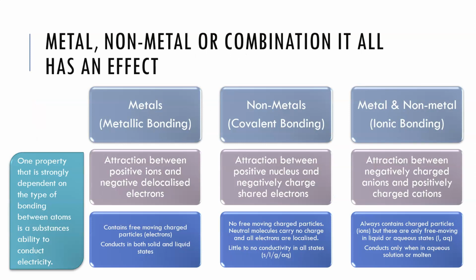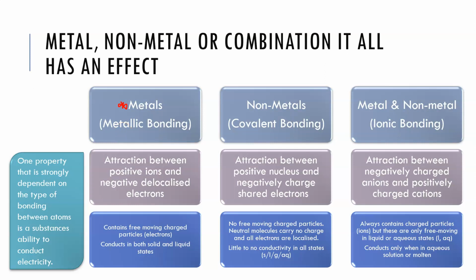So we'll see this grid a few times, but essentially whether or not something is a metal, non-metal, or combination has an effect on the type of bonding that we see. Metals, which always undergo metallic bonding, okay, is when we have bonds between purely metallic substances. So this would be aluminium, iron, copper.